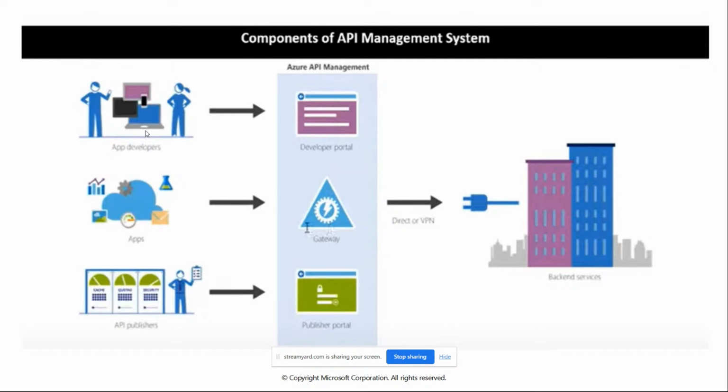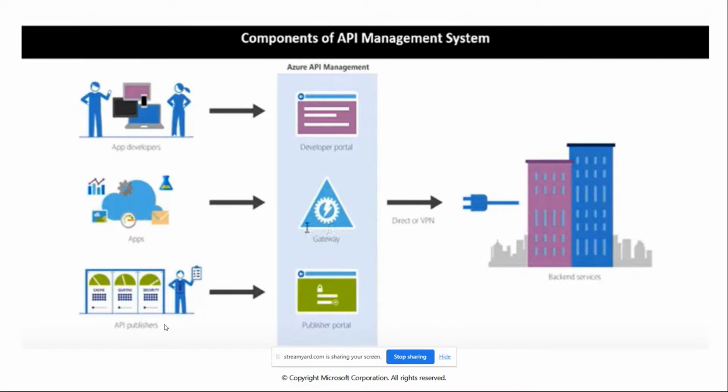When it comes to an app developer or apps or publisher, they will go through all these phases, and then they will check whether the backend services are available through the VPN or the direct service. If there are any services available, it would call them and give the result back to the app developer or apps or publisher. So this is how it would work.